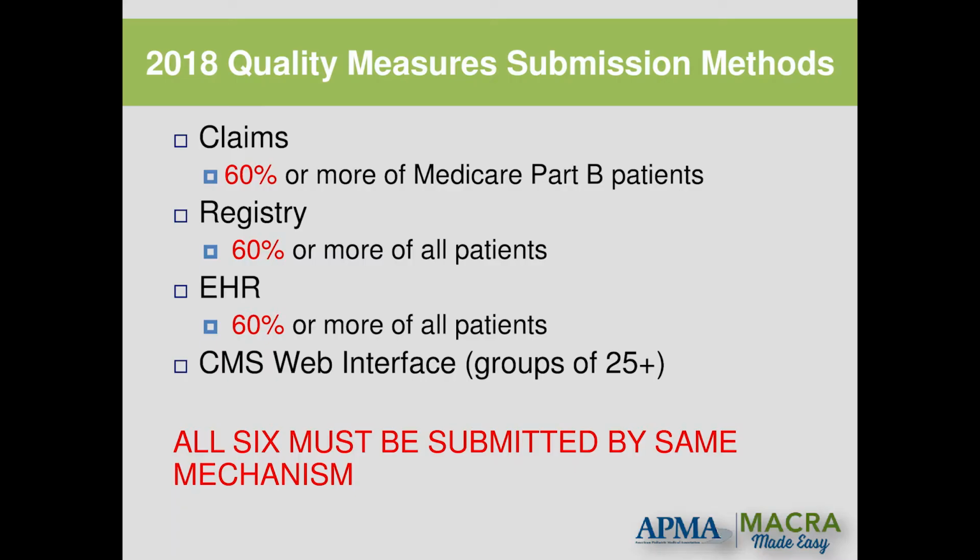If you want to max out this category, you need to report on 60% or more of your patients that qualify for your measures. And we'll get into what we mean by qualify. If you want to get a max score, you have to report on 60% or more of your patients that qualify for your categories. Last year it was 50.